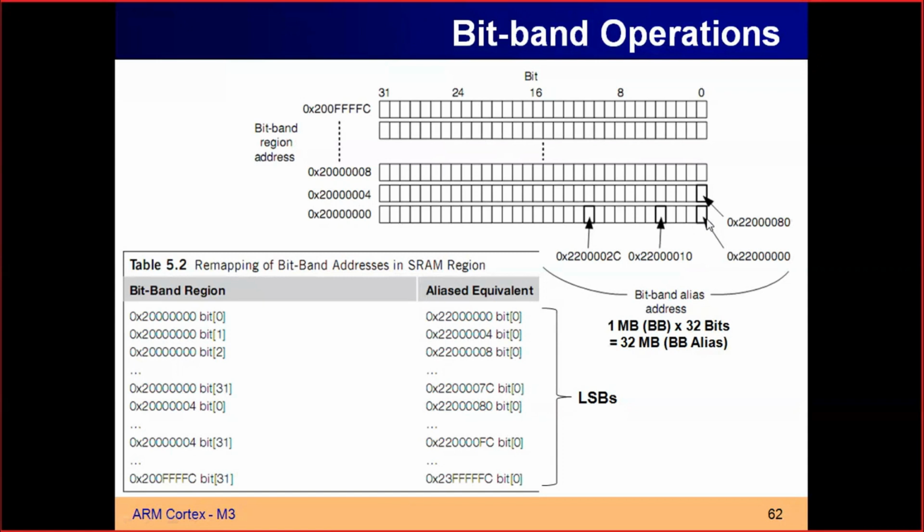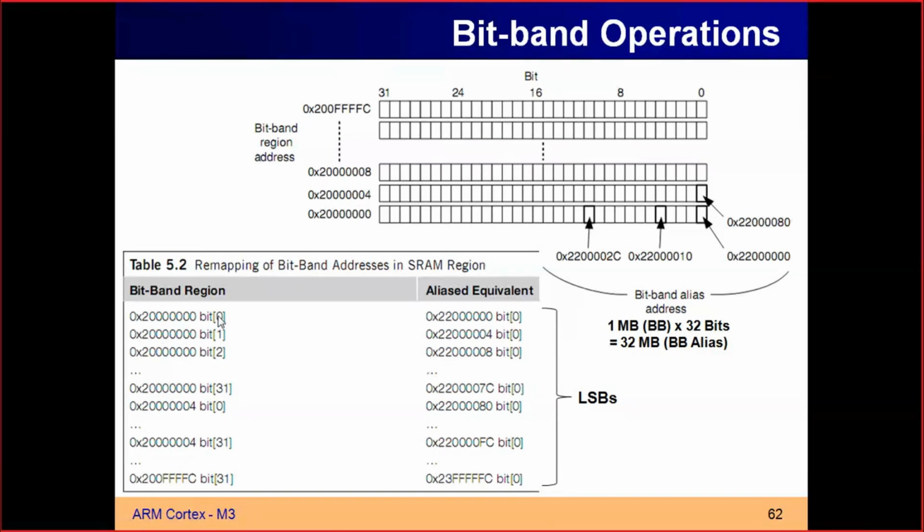If you want to access this location, there will be an alias location in the bit band alias region. You have the bit band region, and you have another region known as bit band alias. Each bit of the bit band region will have a corresponding alias memory region.